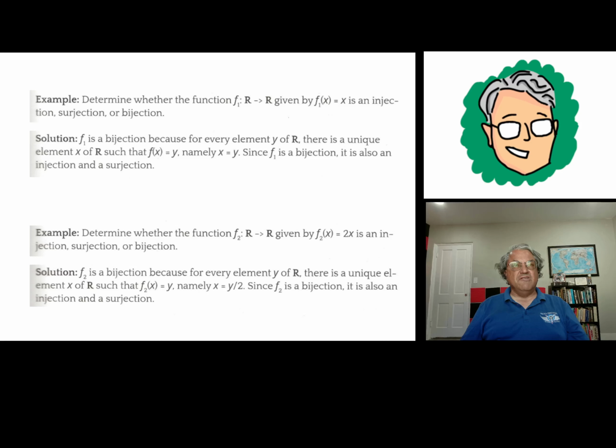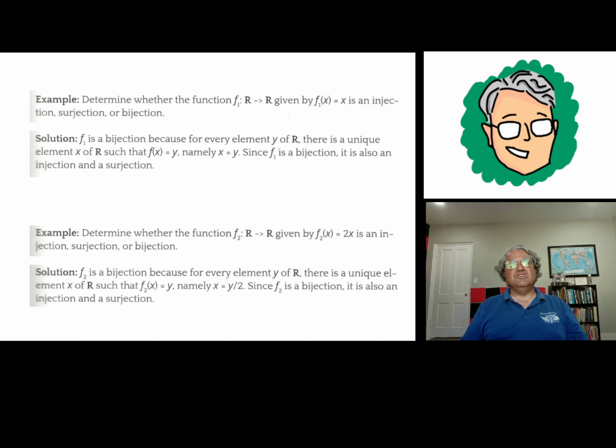The domain was R, and since every element of x gets mapped to itself, every element of R gets mapped to itself. So it's both one-to-one and onto. It's both an injection and a surjection, and therefore it's also a bijection. You really don't have to do any extra work to check if a function is a bijection. It's a bijection if and only if it's both an injection and a surjection. So usually it's enough to check that it's an injection or a surjection.